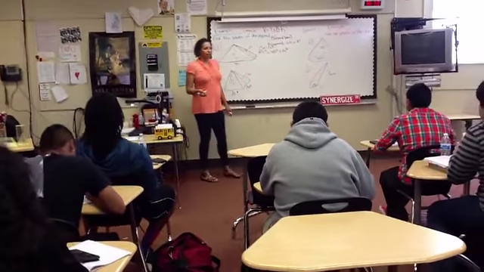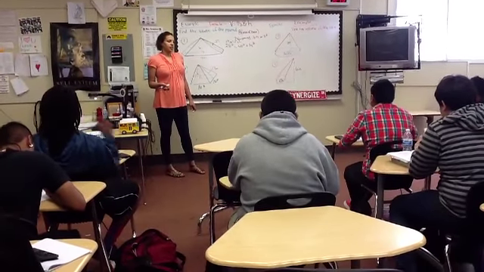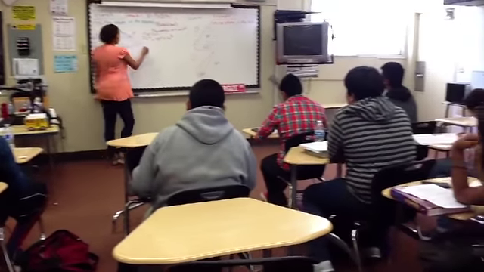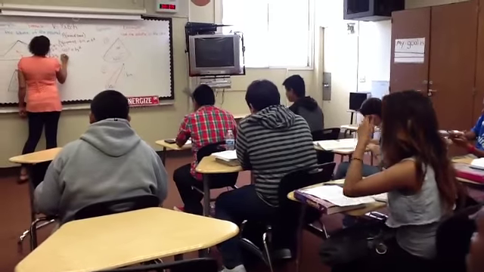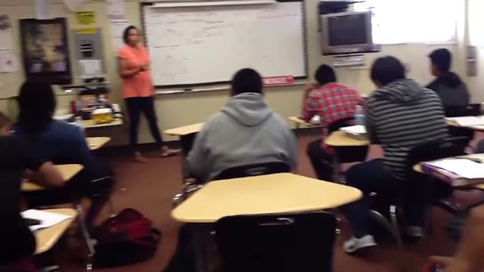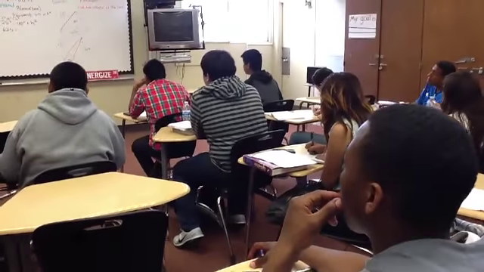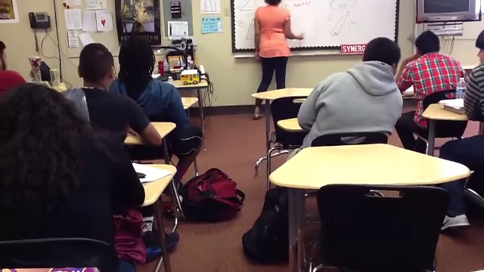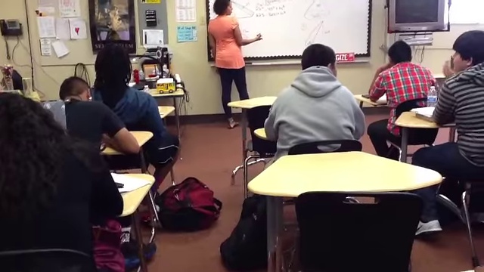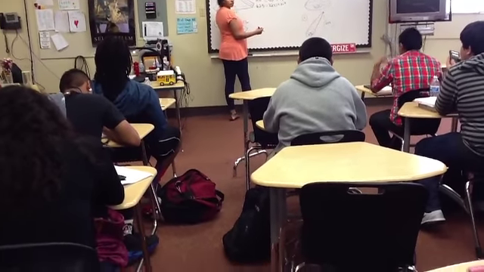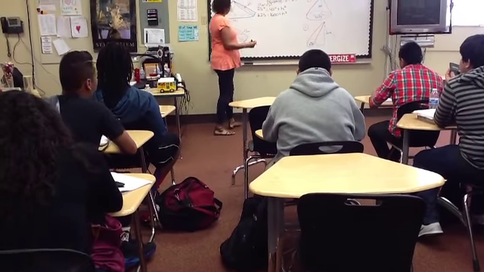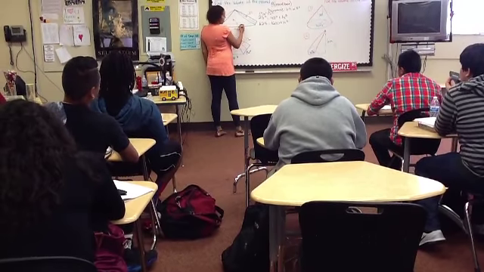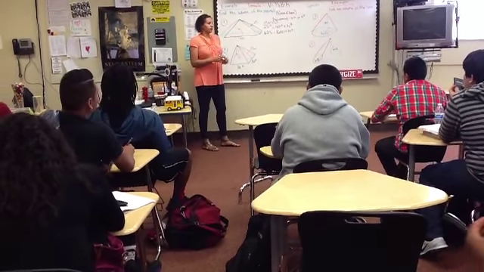Okay, so 25 squared is 625. 40 squared is 1,600. Are you sure? Yes. Okay, so what did I do wrong?